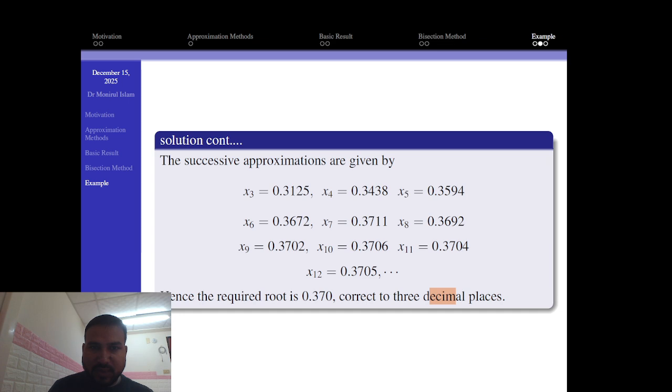Apply this method continuously and you will get this type of iteration, until x9 is 0.3702, x10 is 0.3706, x11 is 0.3704, and x12 is 0.3705. We need the root correct to 3 decimal places, so the required root is 0.370 correct to 3 decimal places.